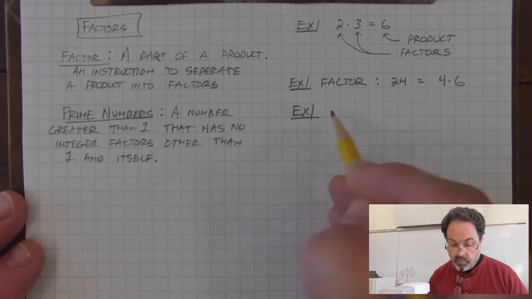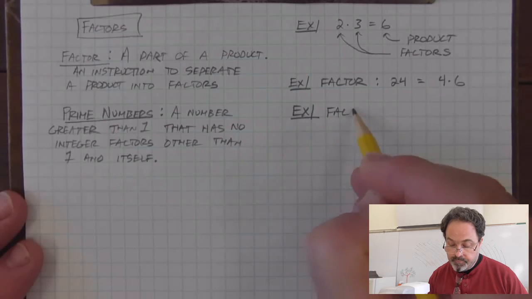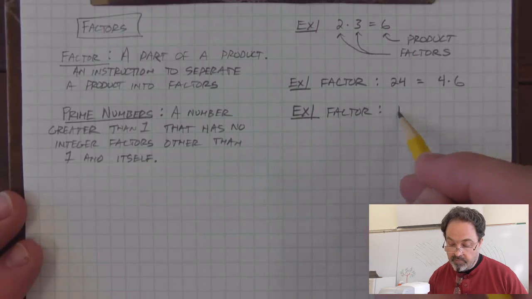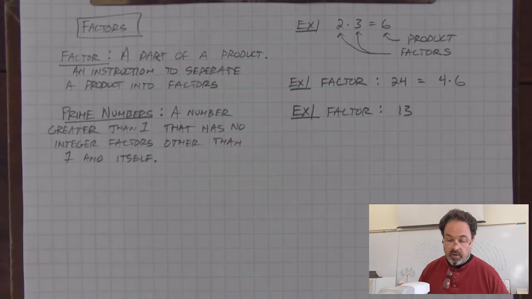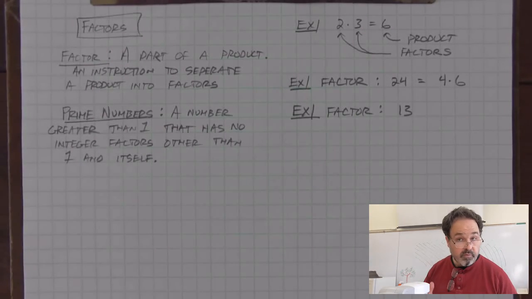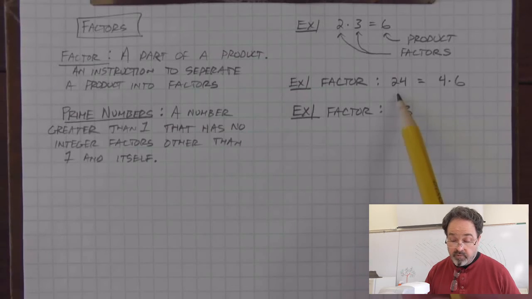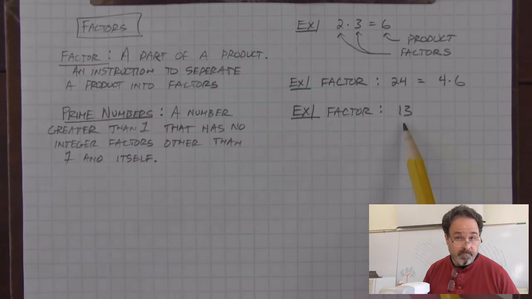Prime numbers are important when we are asked to factor, like factor 13. If we're asked to factor 13, we're looking for numbers, integers, that divide 13 evenly. So we can show 13 as a product of those factors. We can find many numbers that divide 24, like 2 and 4, 6, 8, 12. But looking for numbers that divide 13, we're not going to find any. 13 is prime.